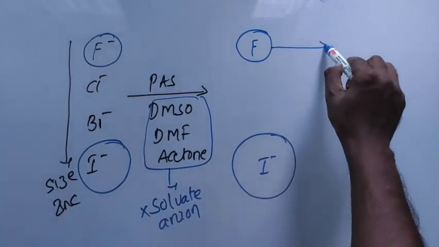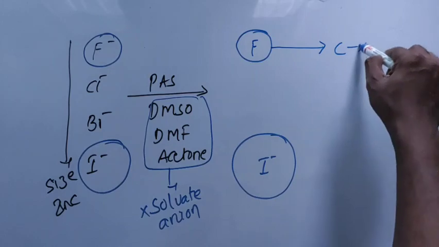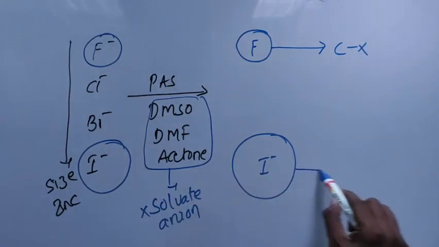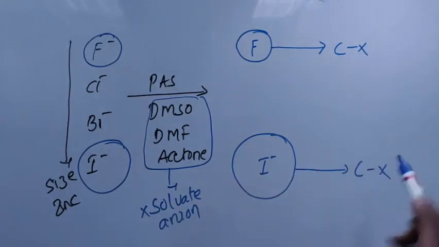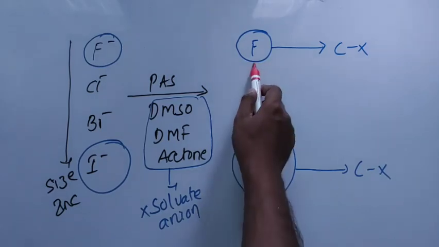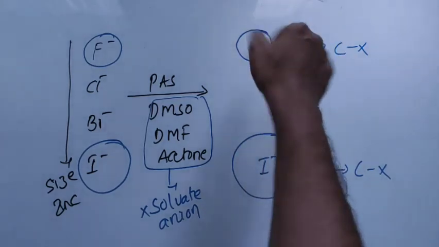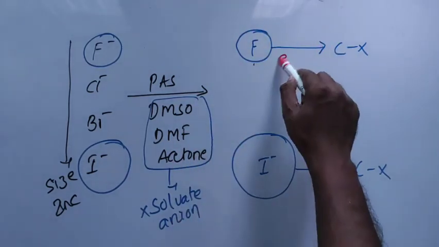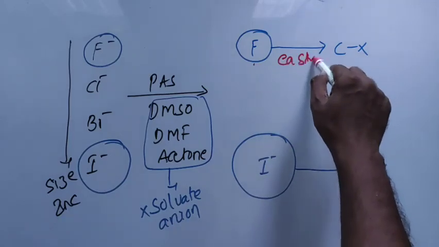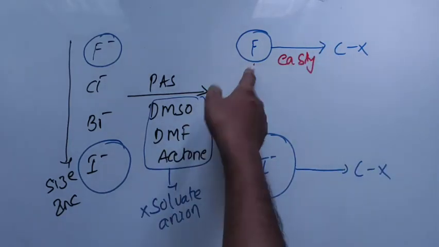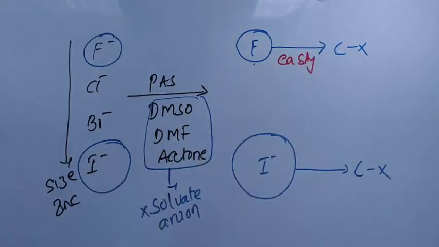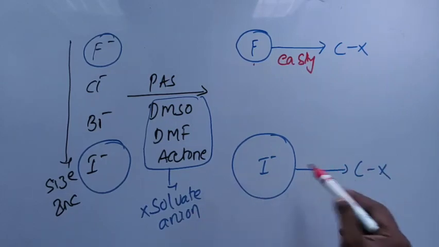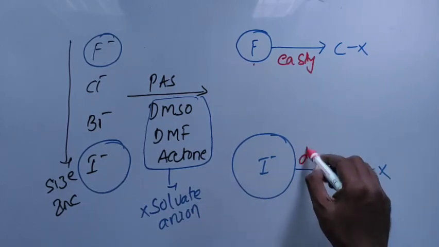So this one is approaching, attacking on the carbon, and this one is also attacking on the carbon. Because of the smaller size, it can attack easily, because the smallest anion can approach easily. Whereas iodide, because of its bulky nature and larger size, attacks carbon with difficulty.